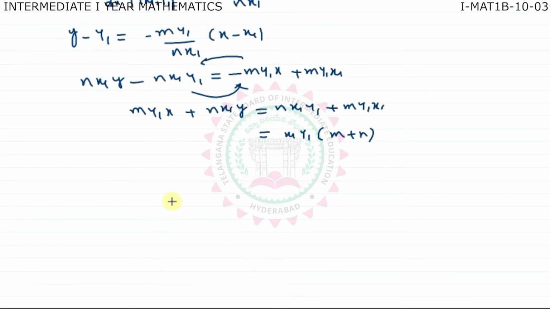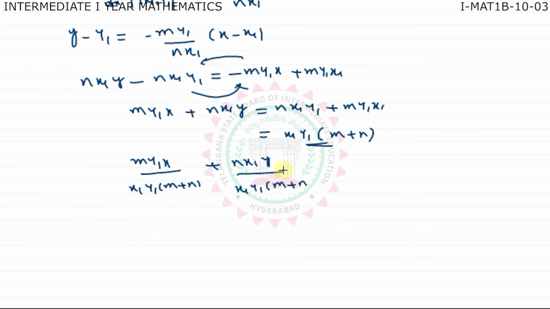So reduce this equation into intercept form. For that divide both sides with this particular term. From that I will get m y1 x divided by x1 y1 into m plus n, plus n x1 y divided by x1 y1 into m plus n, this is equal to, same term by same term means 1 I will get. Here again y1 gets cancelled, x1 gets cancelled.